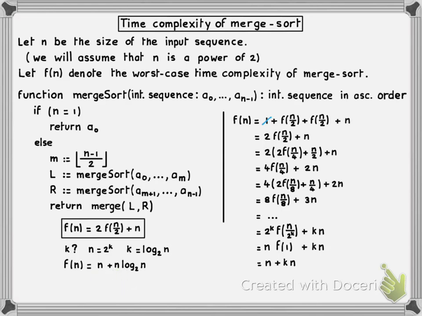So in conclusion, f of n is big O of n log n. And that is the worst case time complexity of merge sort. And the remarkable thing here is that in a worst case, this algorithm is much faster than bubble sort or insertion sort. Remember, those had a big O worst case time complexity of n squared, and n log n is a lot faster than n squared.